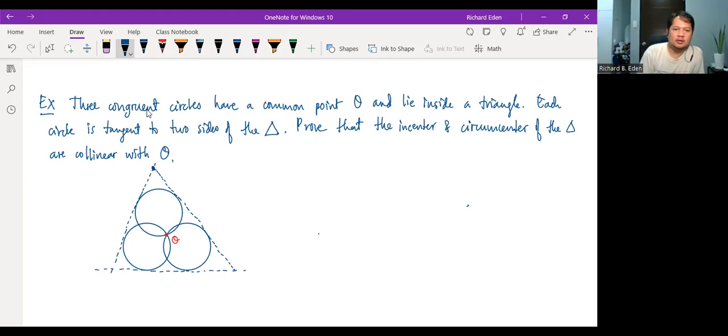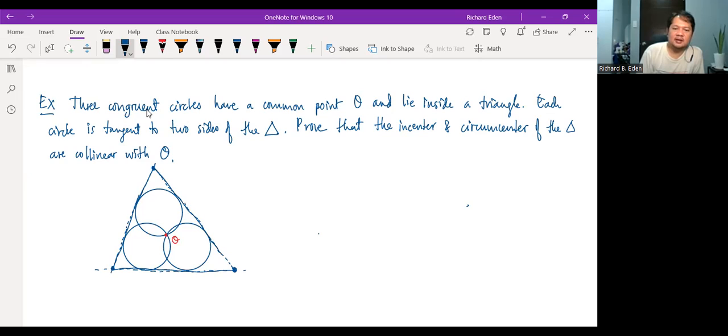All right, so we have our triangle, and all conditions so far are satisfied.